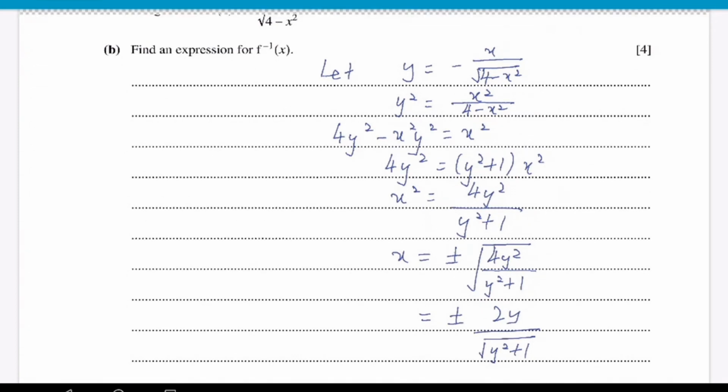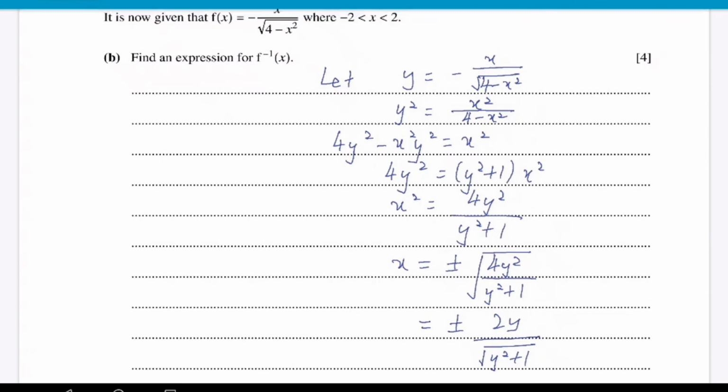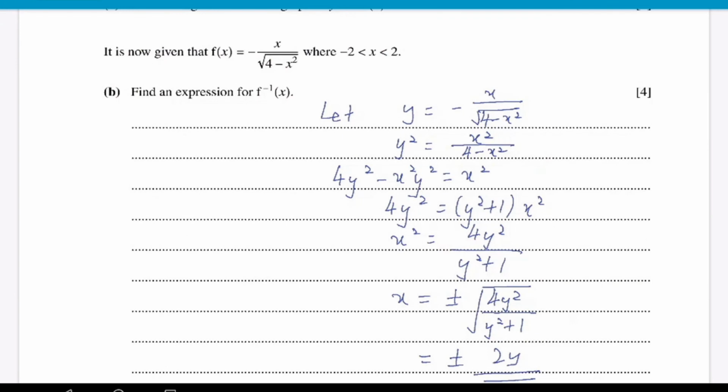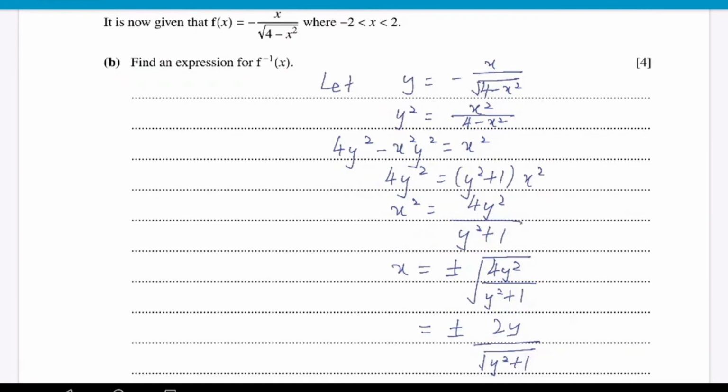So in this case, what are we actually getting for this situation? What is the sign that we're going to consider here? We can do a little bit of reasoning here. The function earlier on has x in between -2 and 2.